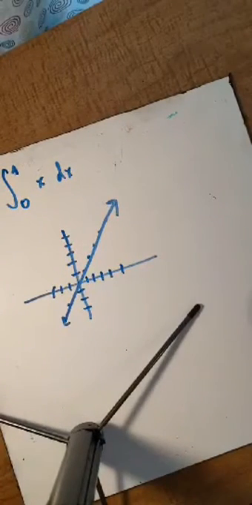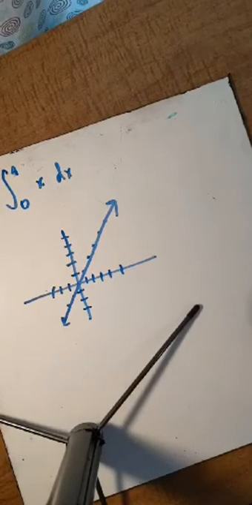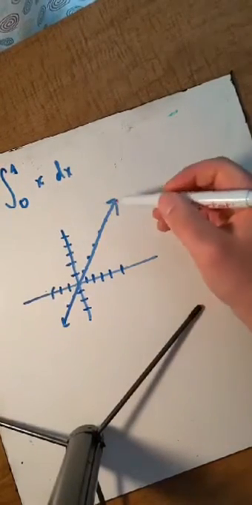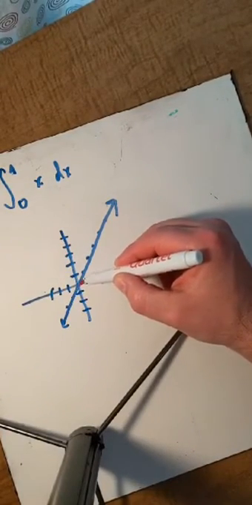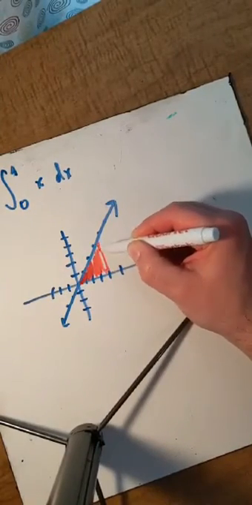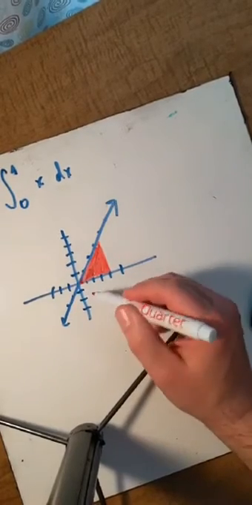If we want to shade underneath the curve, oh, hold on a second. We're going to shade underneath this line from 0 to 4. So 0 starts right here in the corner. There's really nothing we shade, but then as we go over, we shade. There's 2, 3, 4. So we end up making a perfect triangle.